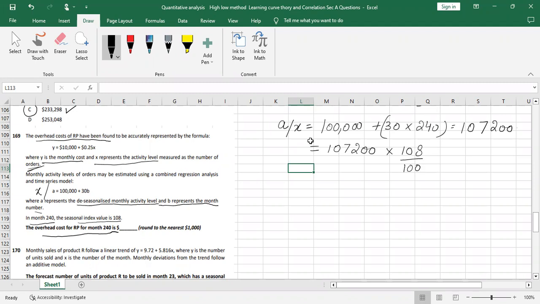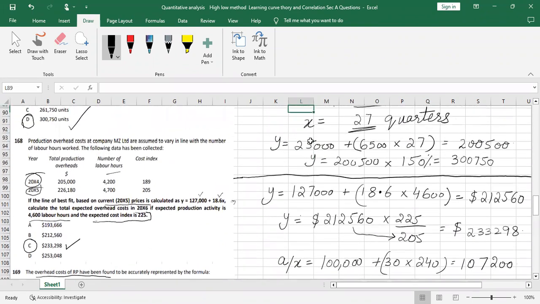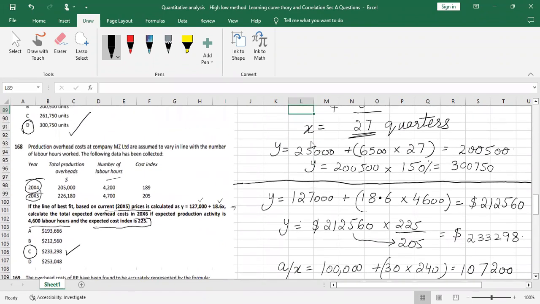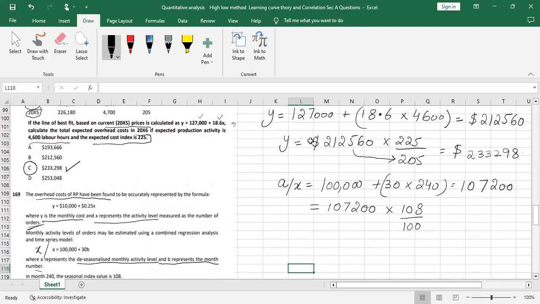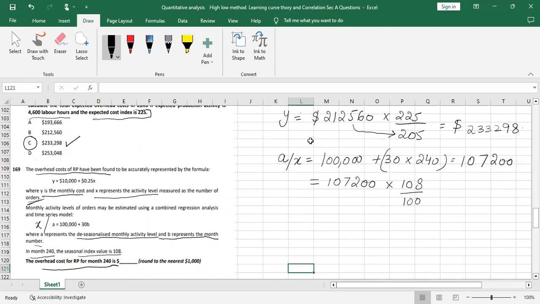Whenever there is no base index provided, then the base is always 100. In the previous question, base index was provided for the year 20x5. That's why I used base index 205. But in this question, base index is not provided. When base index is not provided, it means base index is 100.